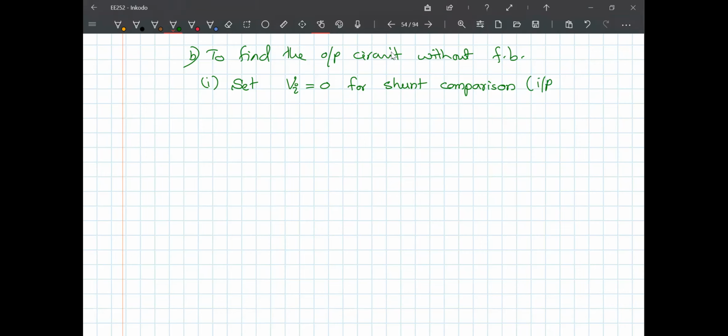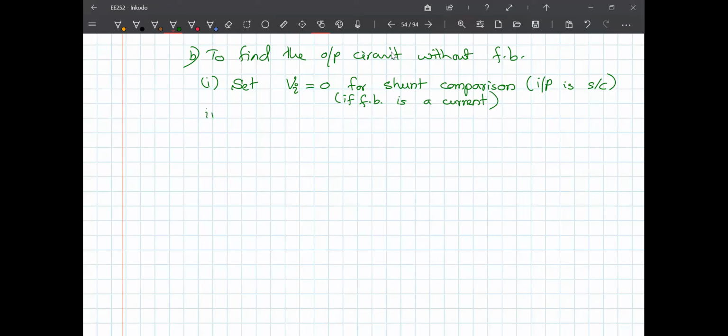Okay, so you connect in shunt only for current feedback. Okay, input is short circuited. Okay, so this is if input is a current. Let me say feedback is a current. Feedback signal is a current.